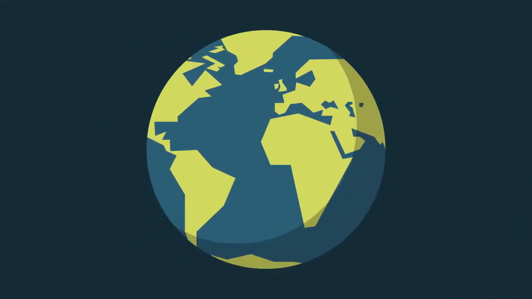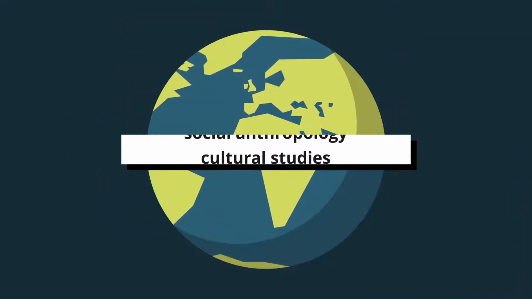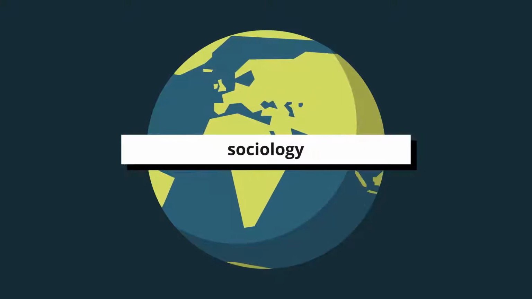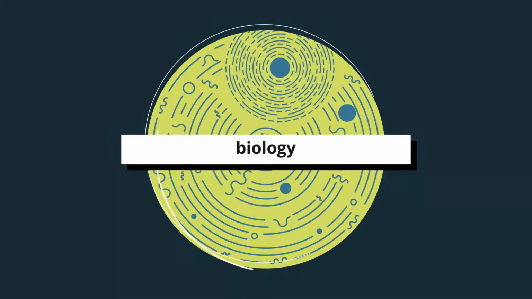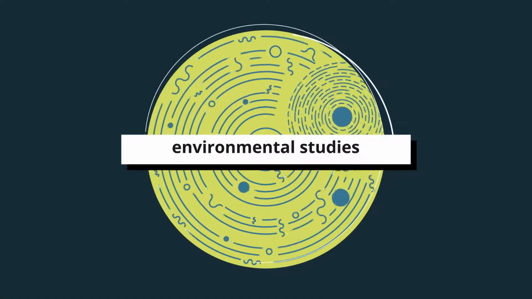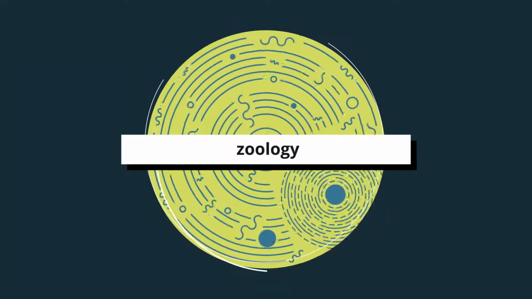APA is used most commonly in social sciences and the sciences. Examples of social sciences include social anthropology, cultural studies, sociology, education, and economics. Sciences include biology, environmental studies, physiology, and zoology.